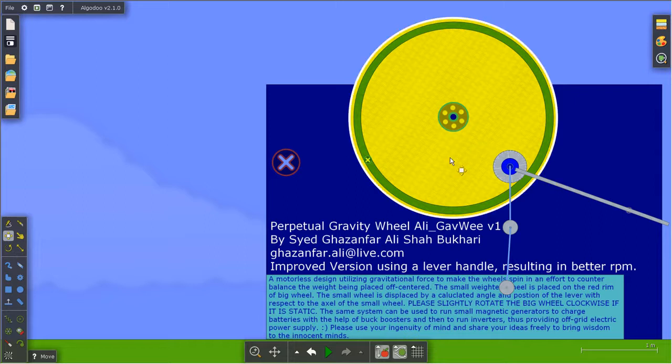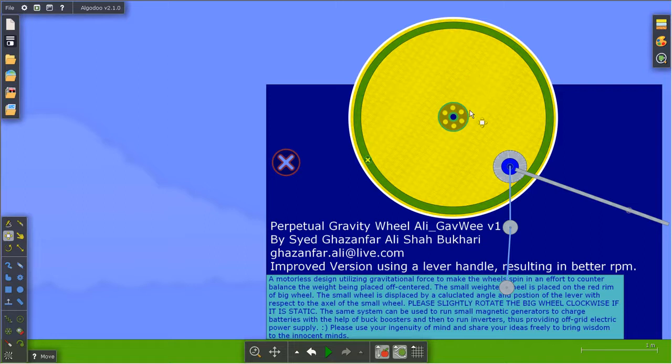This is a large wheel. I have designed this prototype in Algodoo simulation software, which is basically a physics engine.